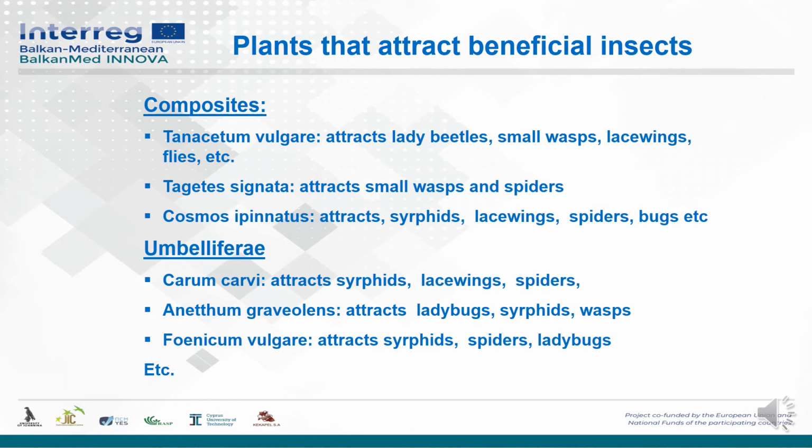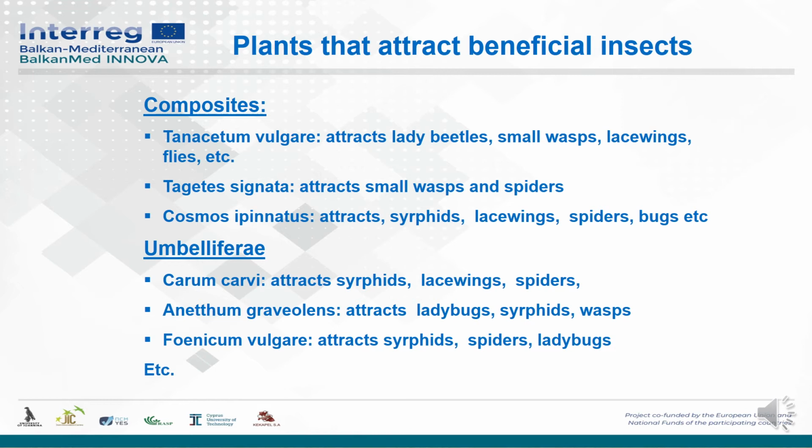It is important to mention here that most of the representatives of the plants that attract the beneficial insects, and there are in the group of weeds, are included in two main families, in Composites and Umbellifera. Here I can mention, for example, Tanacetum vulgare, which attracts lady beetles, small wasps, lacewings, flies, etc.